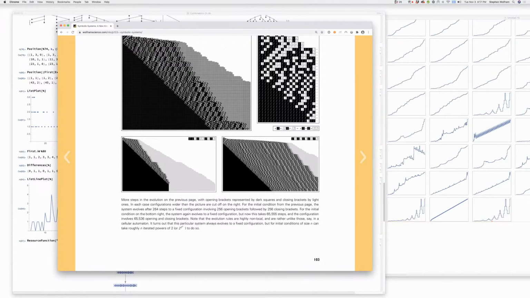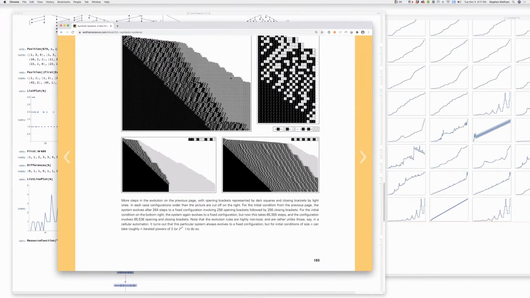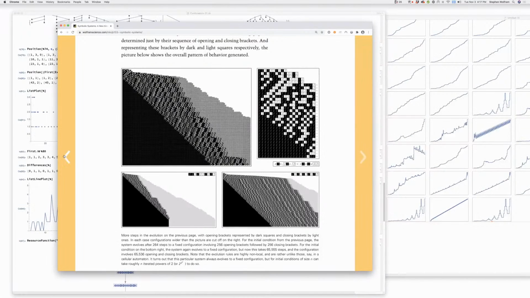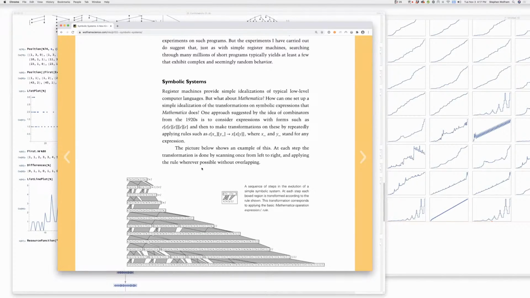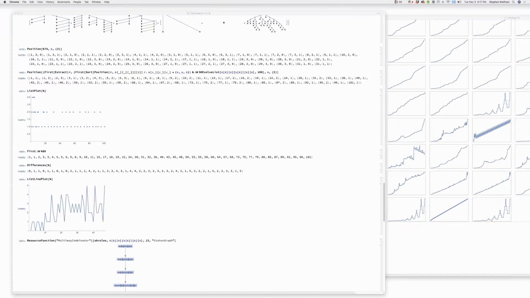And actually, I'm curious whether we should be able to turn this thing into a combinator. Let's actually do that. So this thing is x of x of y. So let me see if I can do that. Let's actually turn that into a combinator.